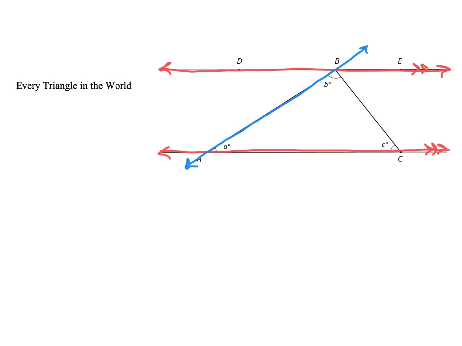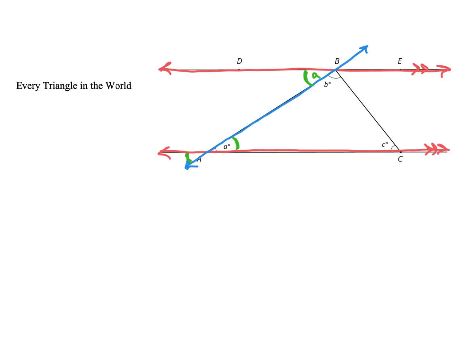With vertical angles, the angle across from it is congruent, and this one up here is also congruent to A.